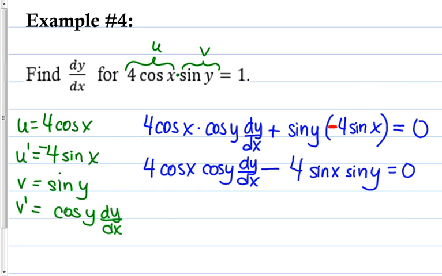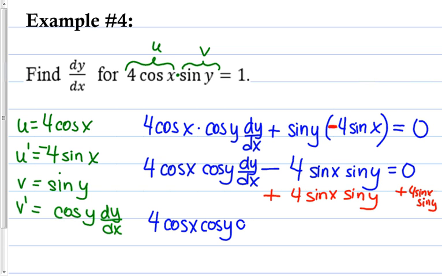So get rid of all of this because it does not have a dy/dx attached to it. So I'm going to add it, and I'm going to add it to the other side too. Plus 4. I just got no space. So I have 4 cosine x cosine y dy/dx equals 4 sine x sine y.